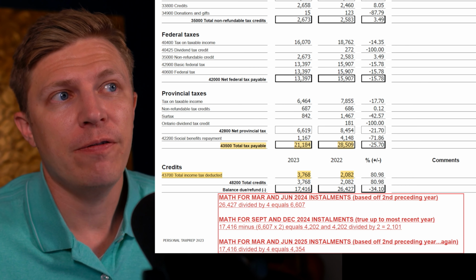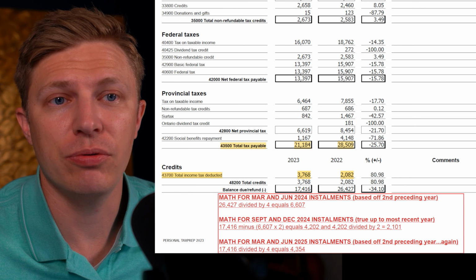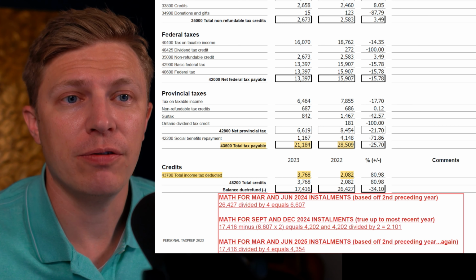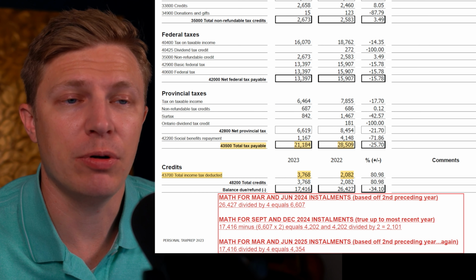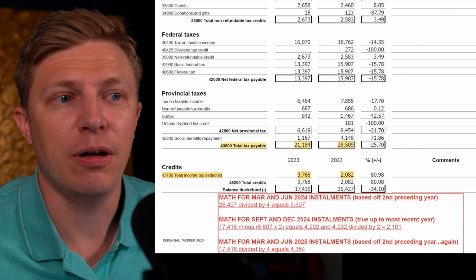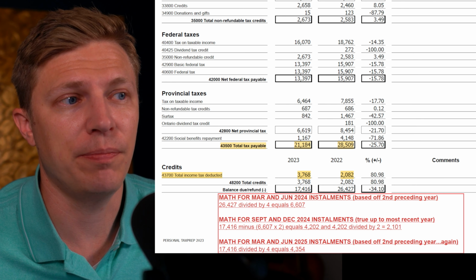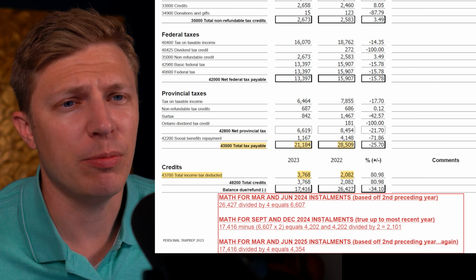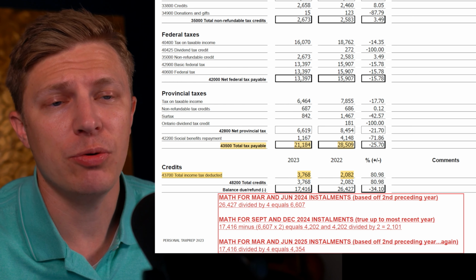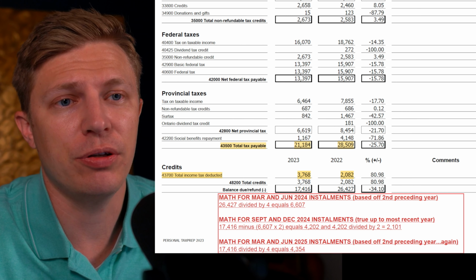So if you had a higher net tax payable 2 years ago than you do in the most recent year, it might be that you don't have a request for installments in September and December, because the March and June payments already were sufficient to cover the tax liability that you showed in your most recently filed tax return. So if you don't get a request in September and December, it doesn't necessarily mean that you don't need to pay tax installments. It might just mean that the payments you already remitted in March and June were sufficient. It really is just a case-by-case situation here.